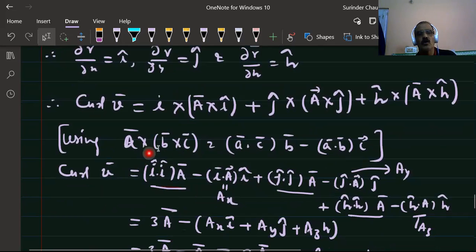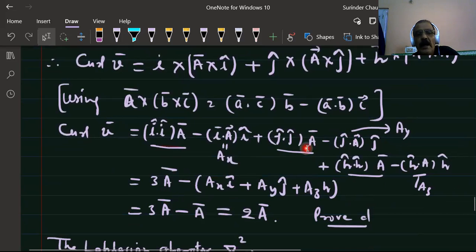Using the triple cross product in these three terms one by one, we get ω minus i(i·ω), plus ω minus j(j·ω), plus ω minus k(k·ω). Now i·i is equal to 1, j·j is equal to 1, and k·k is equal to 1.